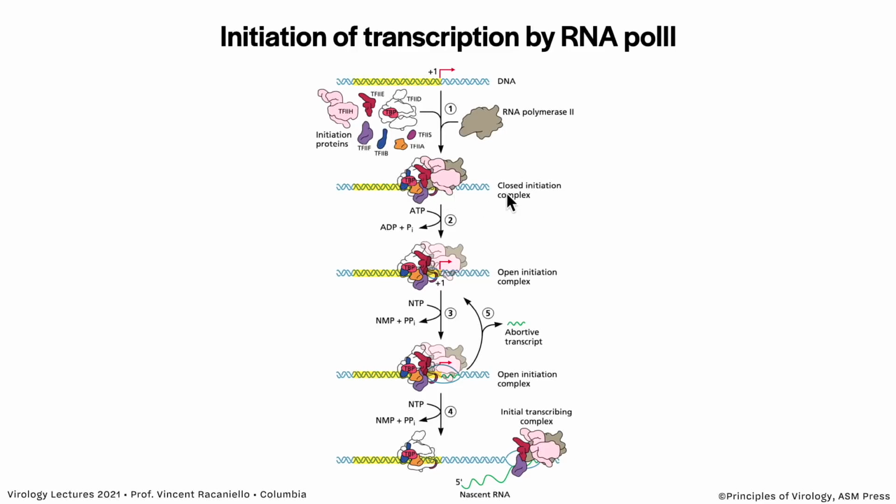And the first step is to make what's called a closed initiation complex that can't do much until there's a hydrolysis of ATP that becomes open, and that means it can start transcribing. And now NTPs are added, of course, and the enzyme begins to move down the DNA. And you can see here the nascent RNA is being made. Now, one feature of transcription is that a lot of abortive transcripts are made.